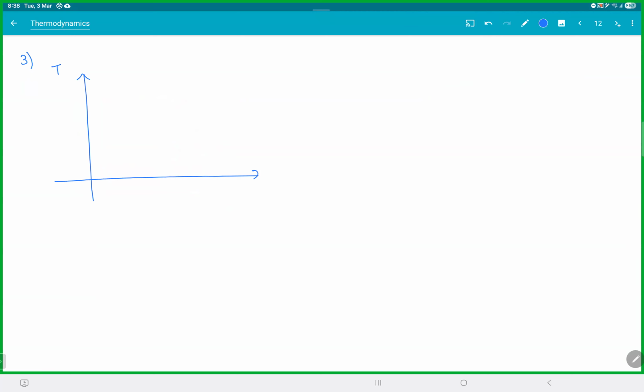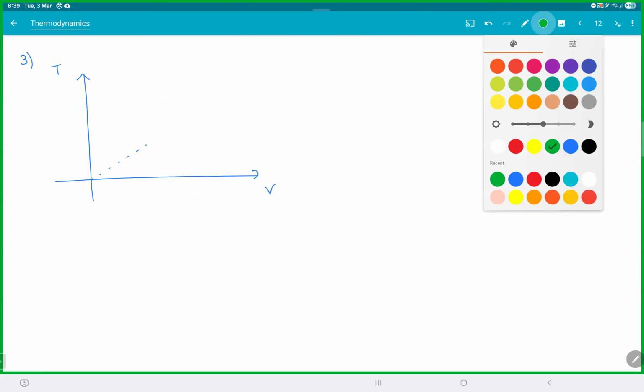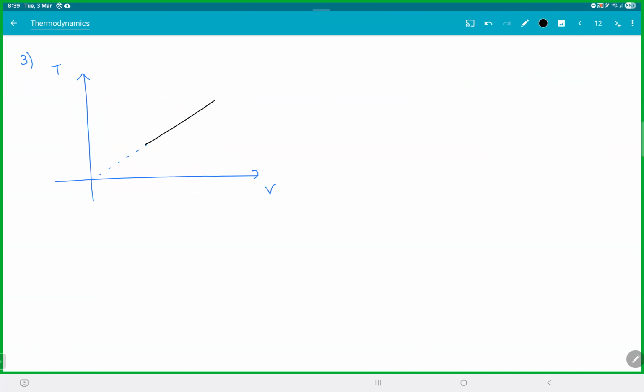We have a TV graph. We got a triangle like this. This is A, B, and C. At this particular point, the temperature is 300 Kelvin. Here it is 400 Kelvin.